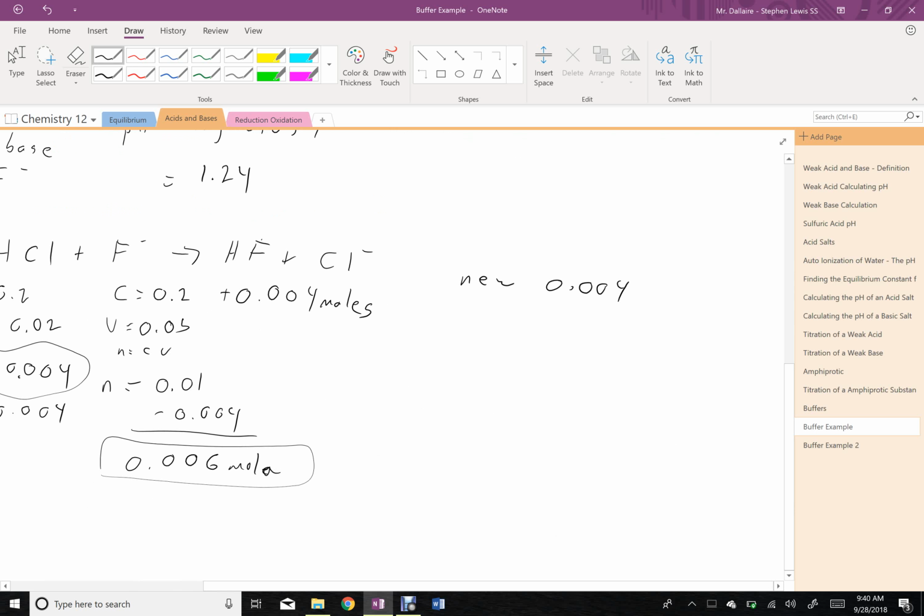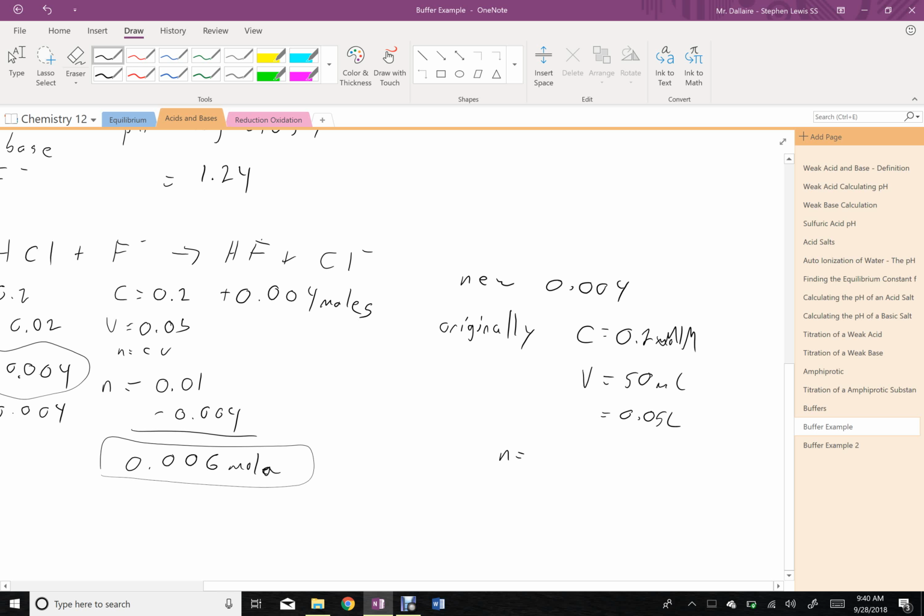Originally, unreacted, I had a concentration of 0.2 molar, and I had 50 milliliters.